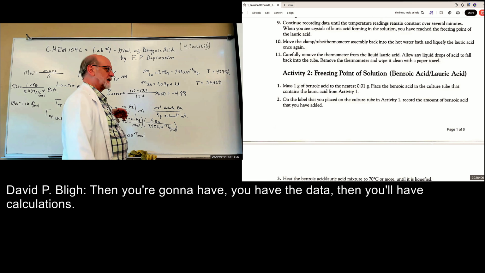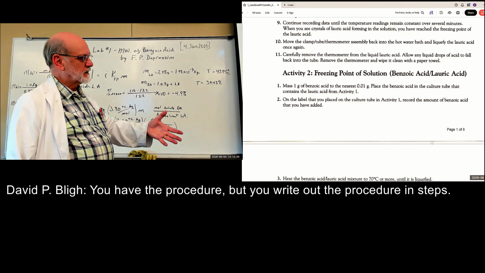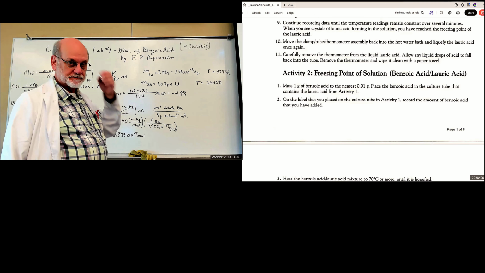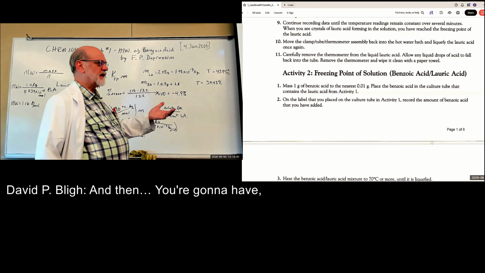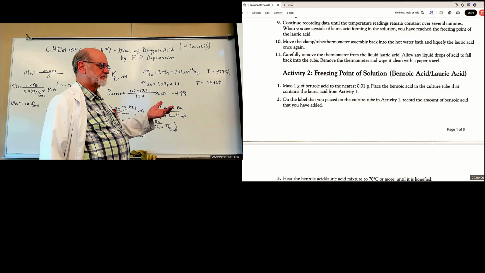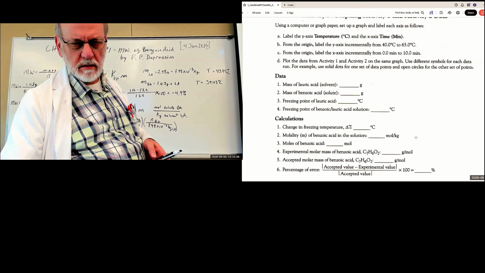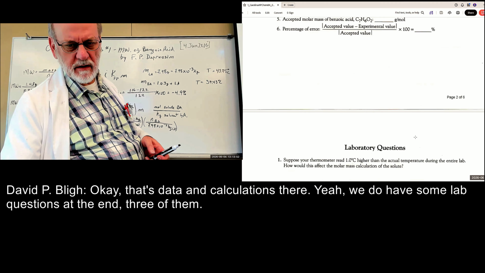Then you're going to have the data, then you'll have calculations. You have the procedure, of course, you write out the procedure in steps. And then, are there any post-lab questions in this one? Okay, that's data and calculations there.